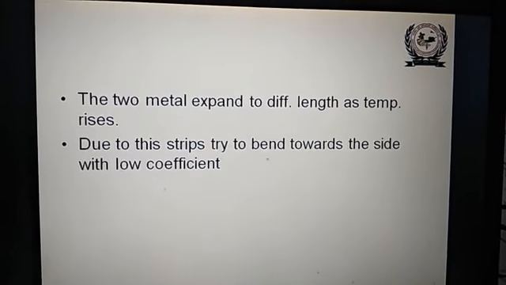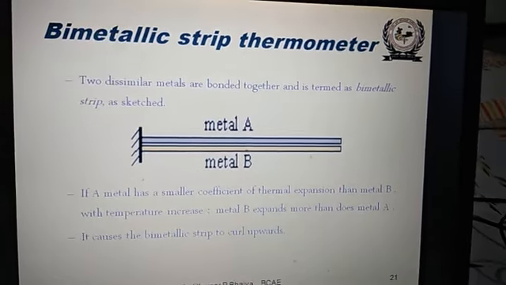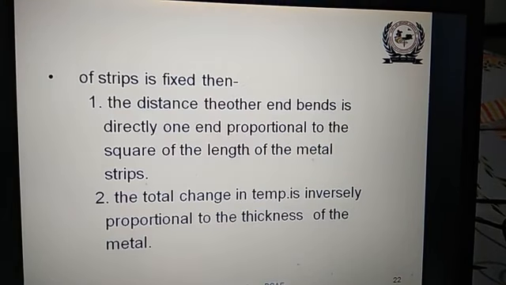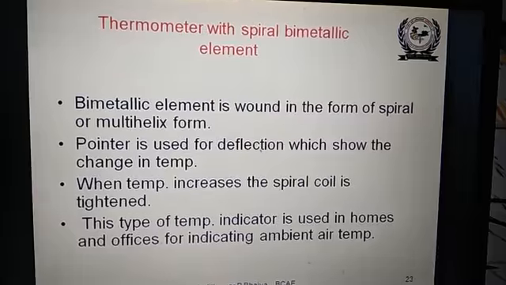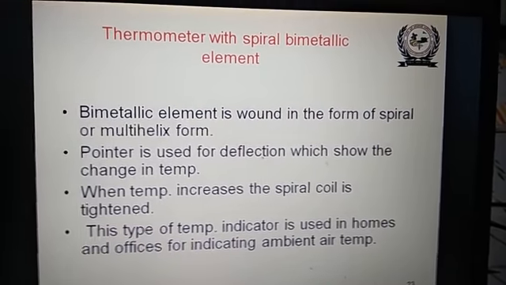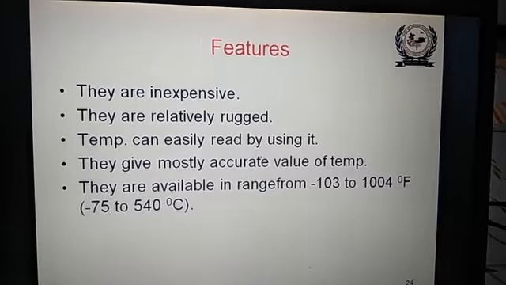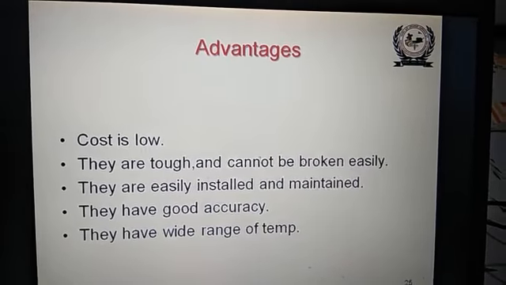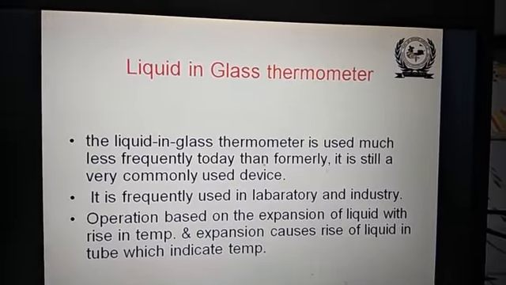In the bimetallic thermometer we have seen the diagram of the strip and its principle. Then the spiral thermometer with a spiral bimetallic element. We have seen features, advantages and disadvantages.